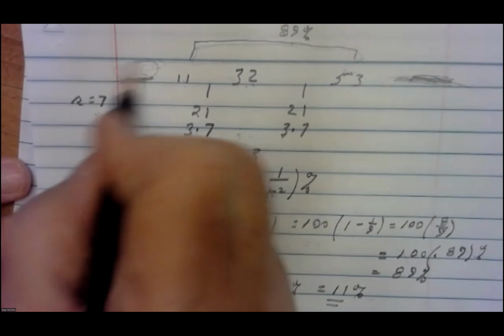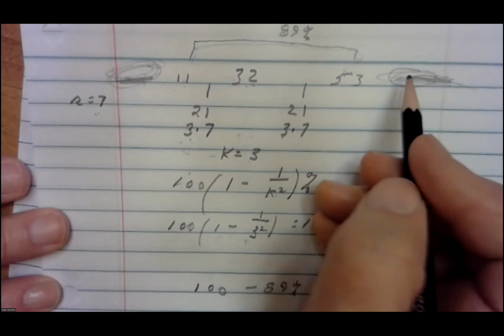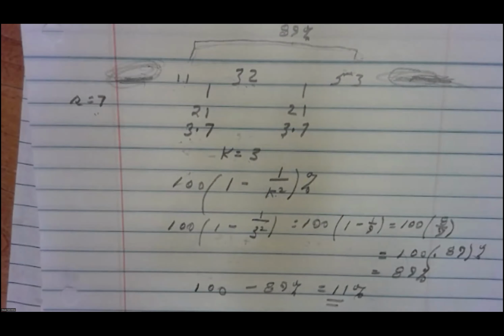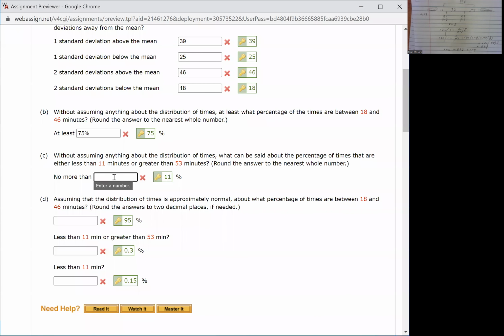So it says 11% is here and here. Okay. So we'll go back to our problem. We have 11 here. Percent. Now, we might not should have entered the percent, which is probably the number itself.